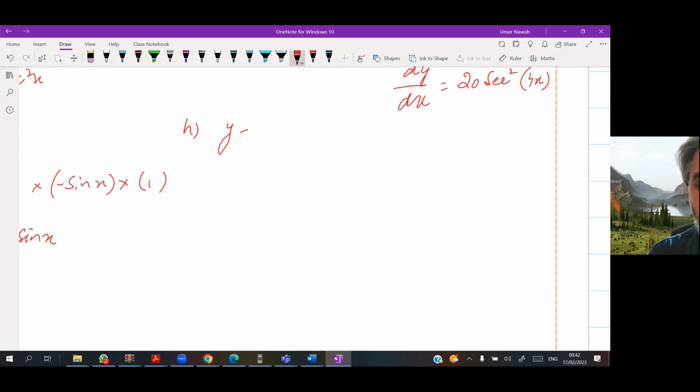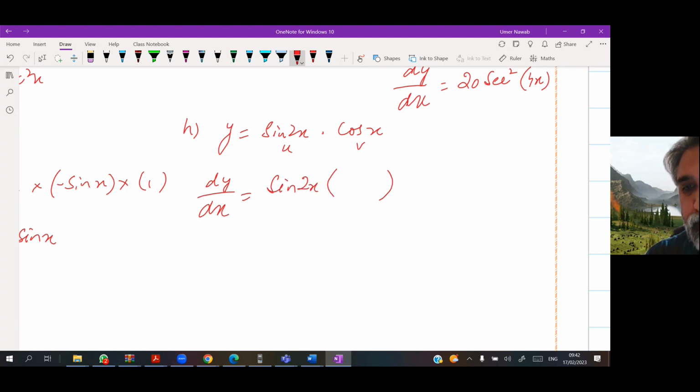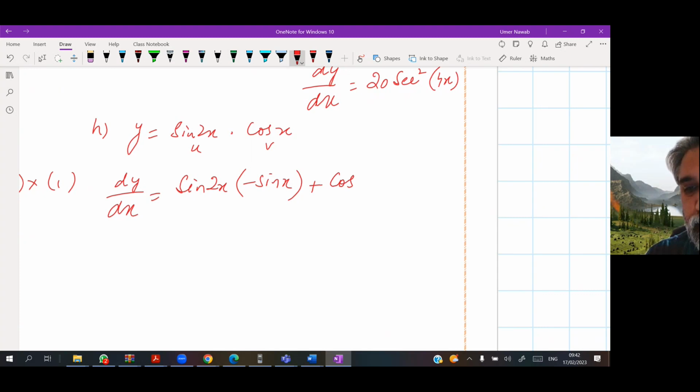y equals sine of 2x and cosine of x. Did you see we have a product rule? Apply the product rule. u as it is. What is the derivative of cosine of x? Minus sine of x, that's v prime, plus. Now keep the v as it is.